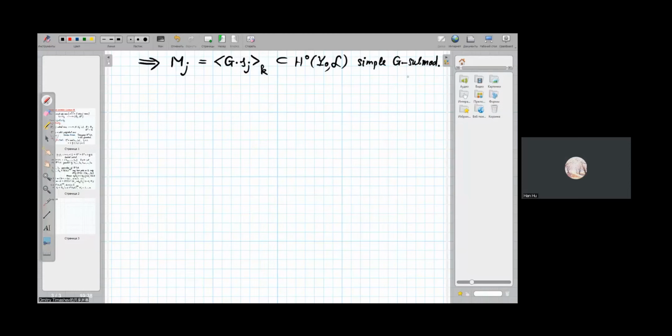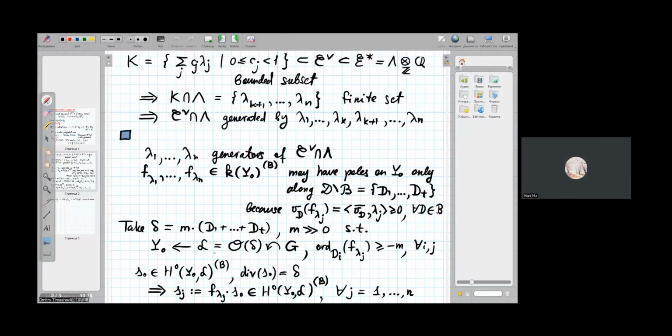Okay, and the highest weights of these simple submodules are pairwise distinct, because the weights of all these Sj's are pairwise distinct, since they are obtained from the weight of S naught by adding pairwise distinct weights lambda j.